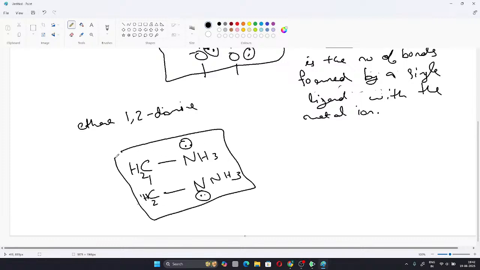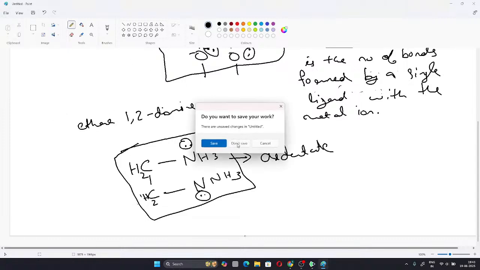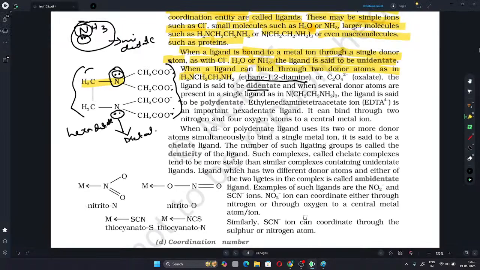This one ligand can form two bonds, so it is didentate or bidentate. That is the case with ethane 1,2 diamine or oxalate.